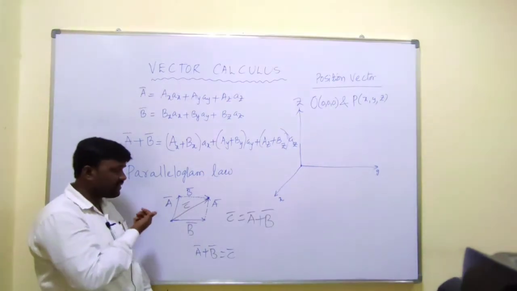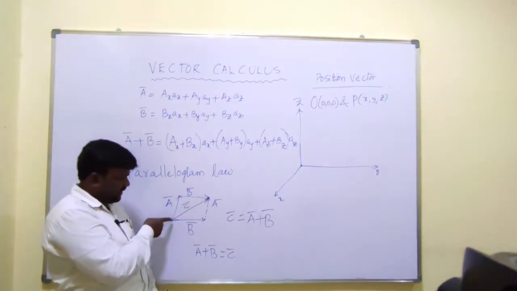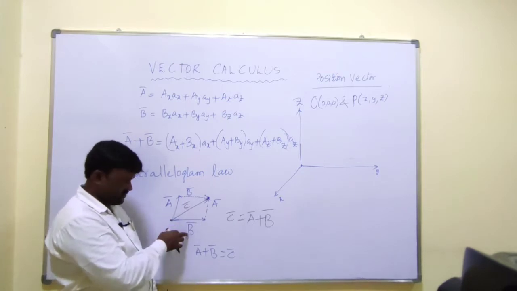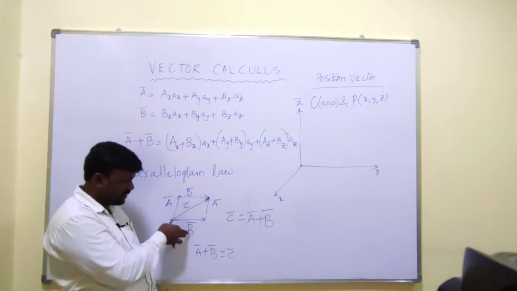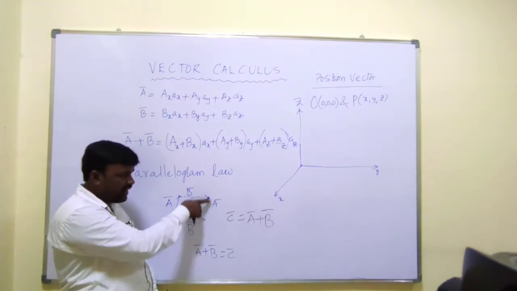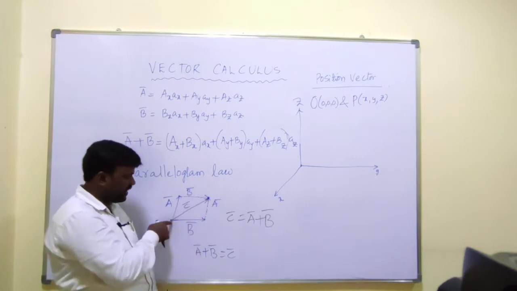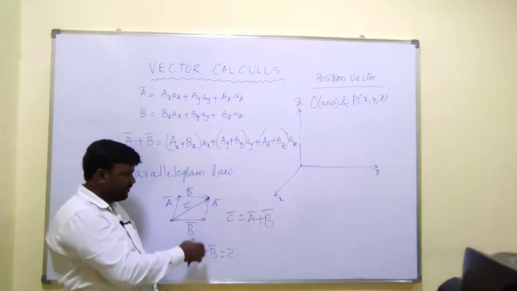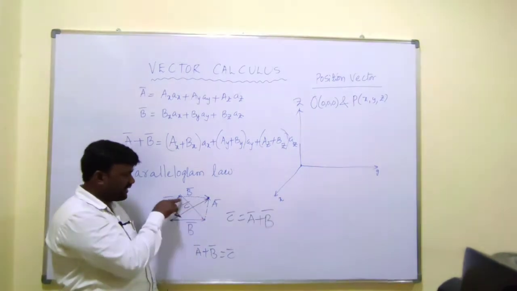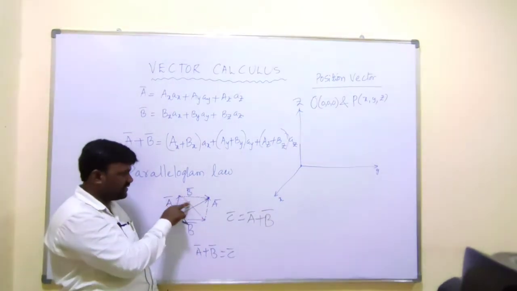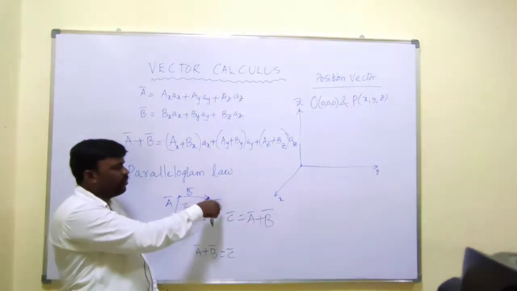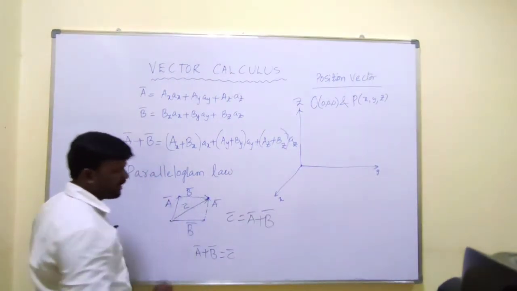Here the starting point of the resultant vector is the starting point of the vectors, whereas the ending point is the tip of both vectors. Starting at the tip of one vector and ending at the tip of another is not the case here. So this is called the parallelogram rule.